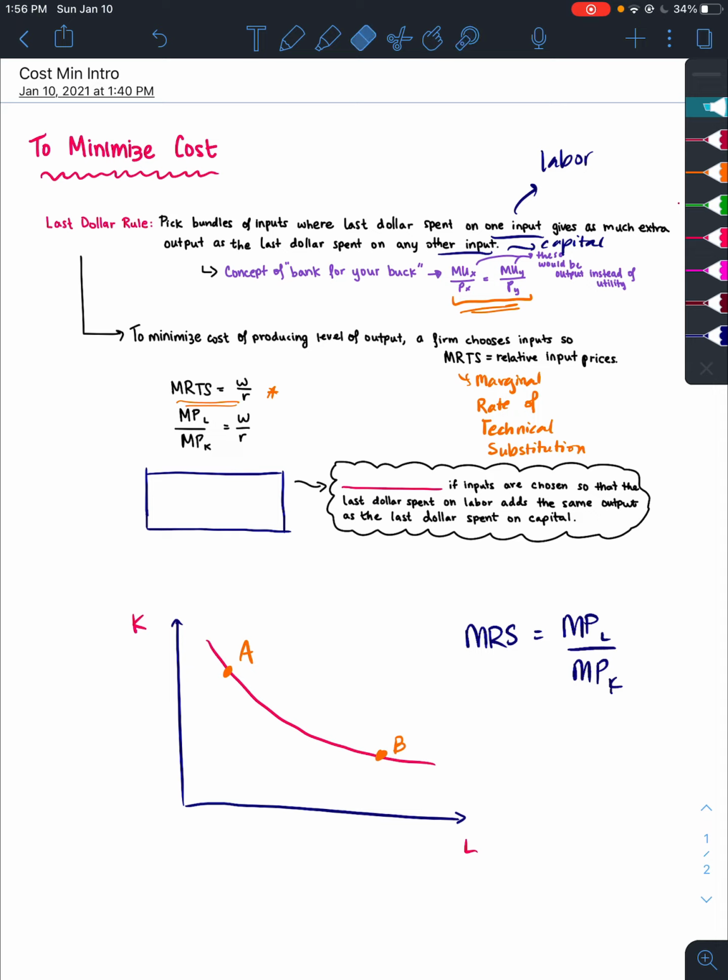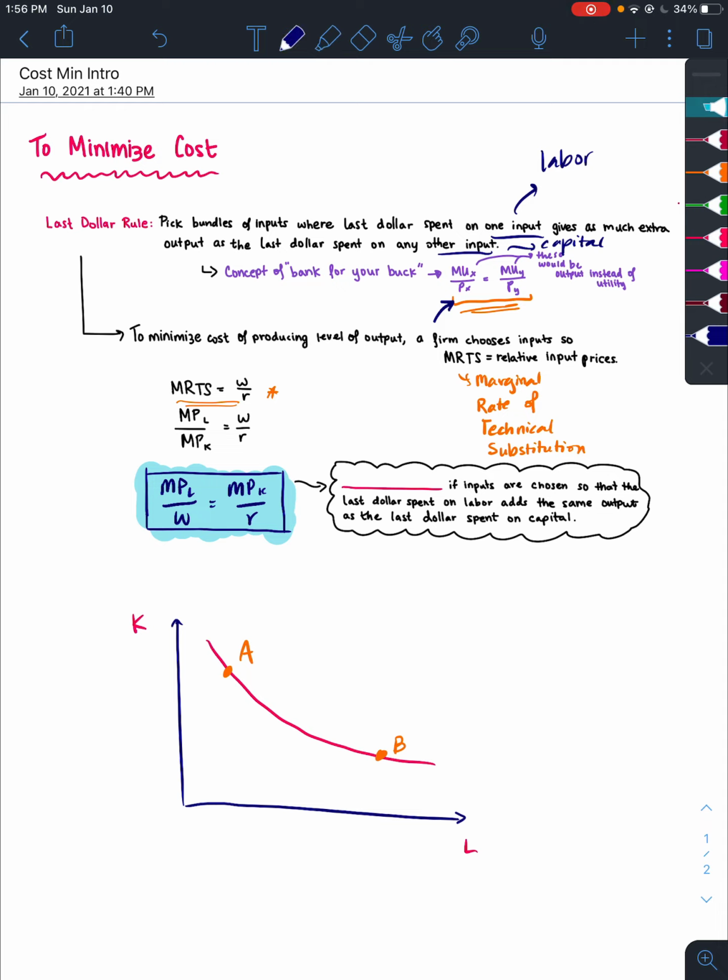We get the marginal product of labor over the marginal product of capital is equal to W over R. And if you again rearrange this, you should get the same thing as this little formula, which would be MPL over W is equal to MPK over R. This is probably the most important equation when you're trying to solve these cost minimization problems, right?